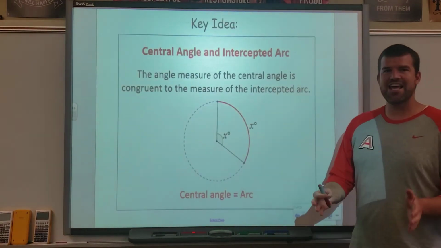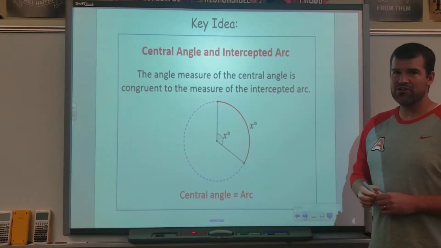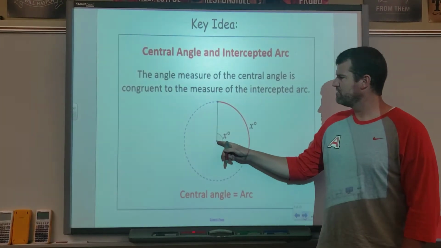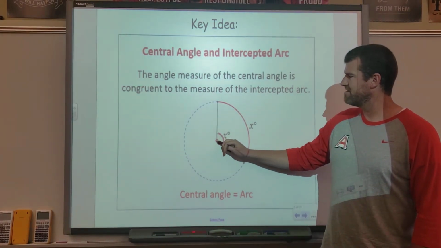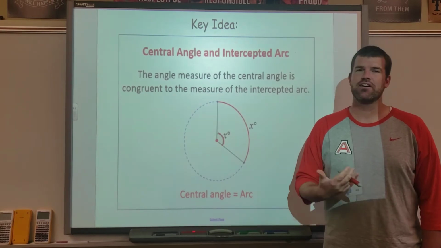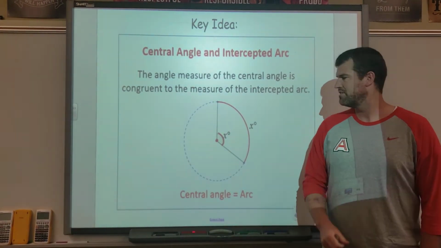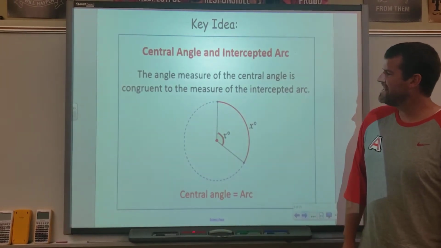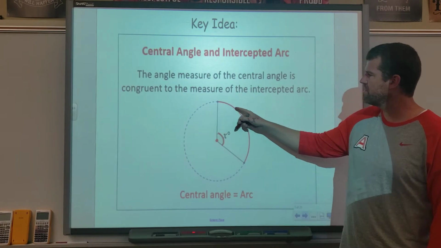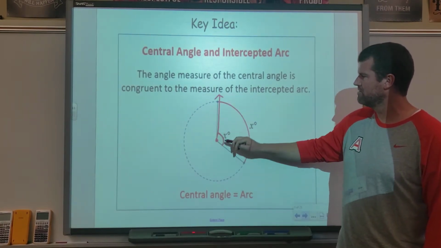All right, so key idea. We've got a couple of these. Central angle. A central angle is an angle where the vertex of the angle is the center of the circle, right? That makes sense. Center, central, right? So this is a central angle right here. And then the intercepted arc is the arc that gets intercepted when we take the two sides of the angle.